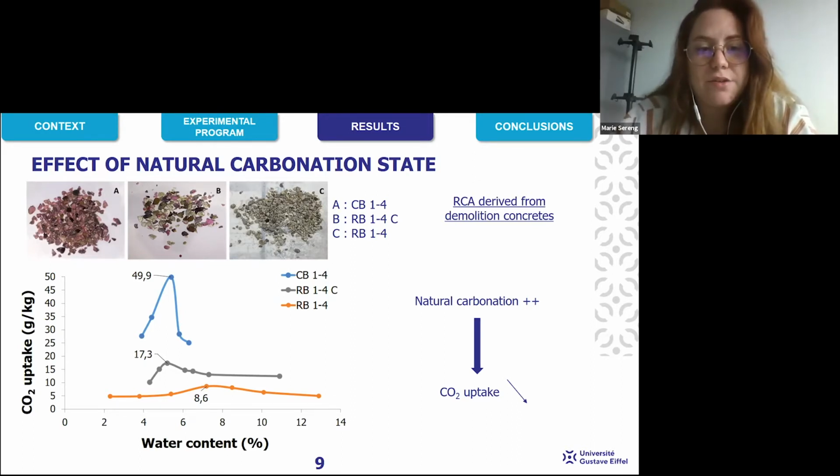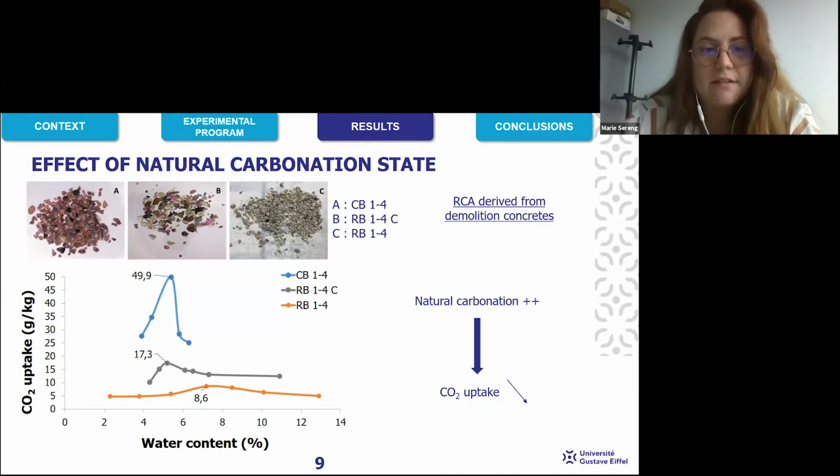And the lowest CO2 uptake is for RB14 because they are totally carbonated, with a CO2 uptake of 9 grams per kilogram. So we can say that the more natural carbonation they have, the more the CO2 uptake decreases.